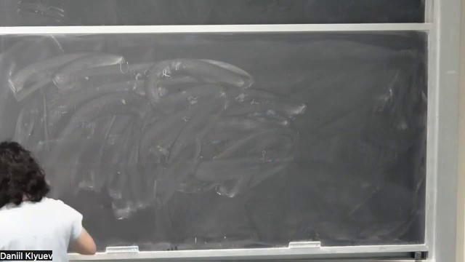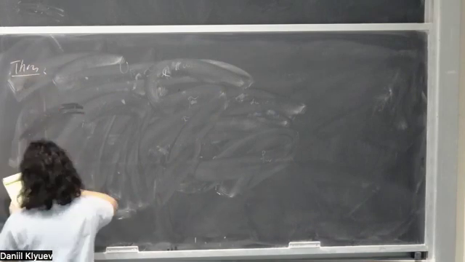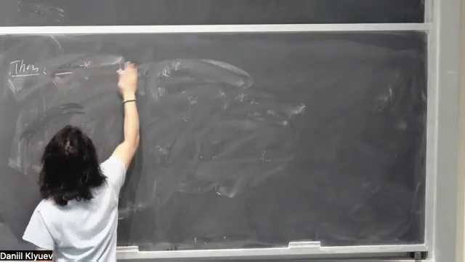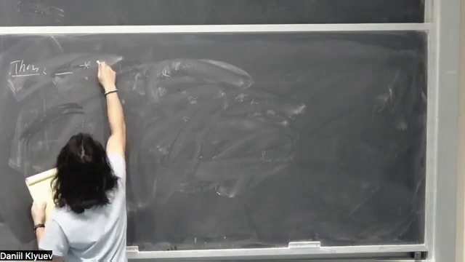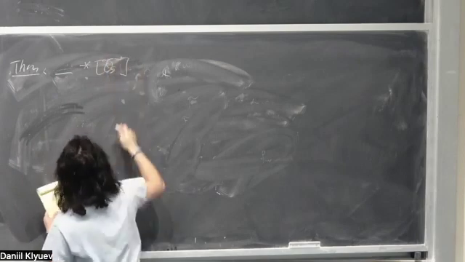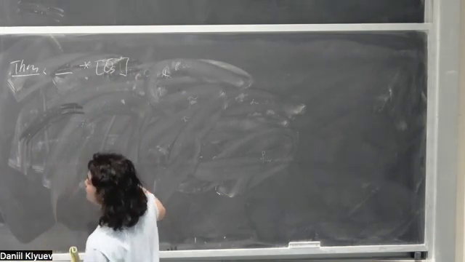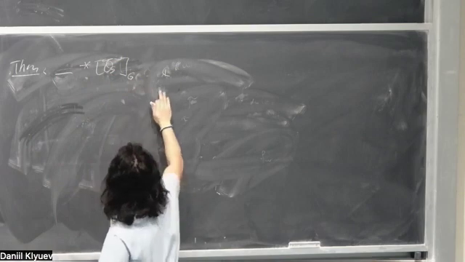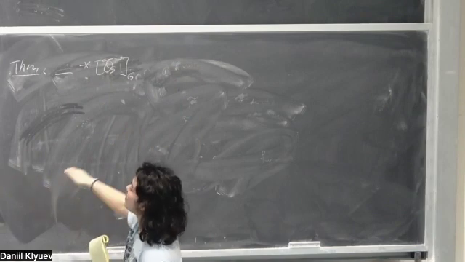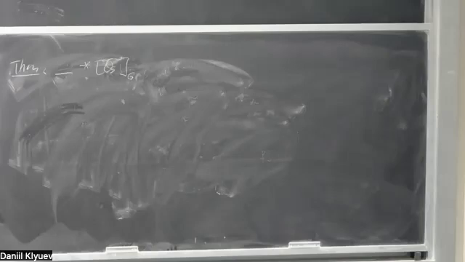Okay, so now the theorem says convolution with this OS. I think I need to put G here. Now we consider this is an orbit, so you can consider this as living H, this thing here.